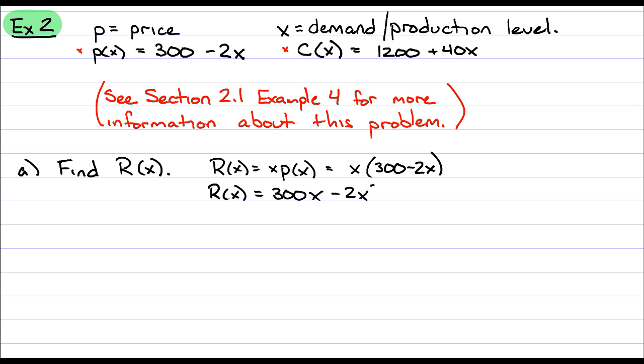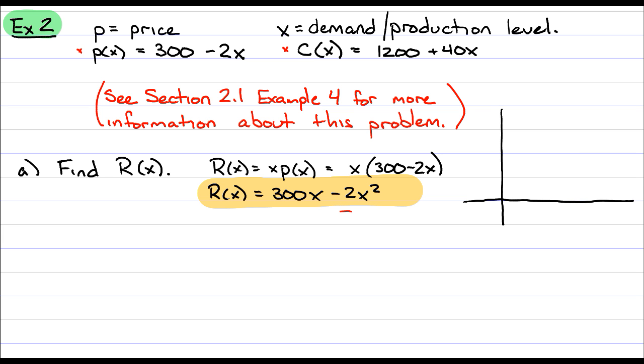This tells me the amount of revenue associated with a certain level of demand, or in other words, a certain production level. Before I go further, one thing we can notice about this revenue function is it's actually a quadratic function. I'm not going to bother going through the steps to get a complete sketch of this graph, but you can see right away that it is a quadratic function. Also, because of this minus 2 coefficient on x squared, the parabola representing this function is going to open downward.